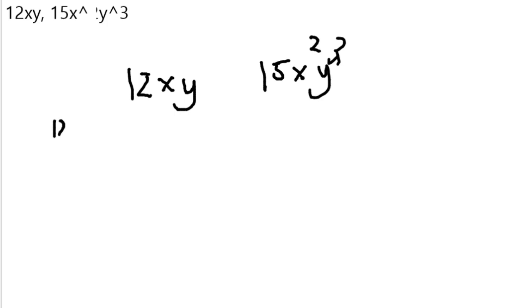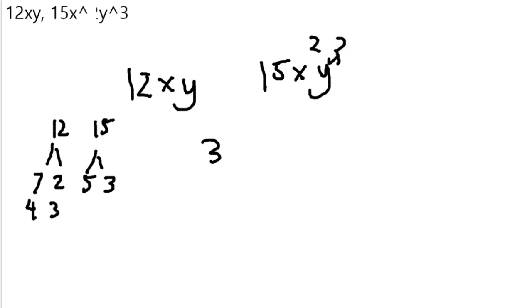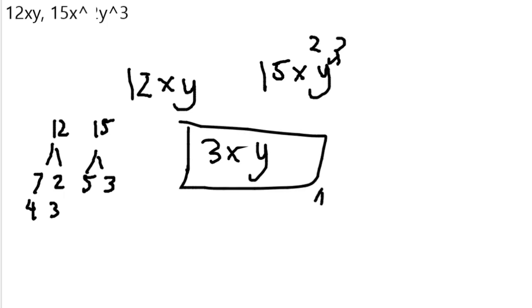Let's find the factors of the coefficients first, 12 and 15. We can do 5 and 3 for 15, and 6 and 2 or 4 and 3 for 12. So the greatest common factor of the coefficients is 3. And we're just going to keep x and y on the right side.